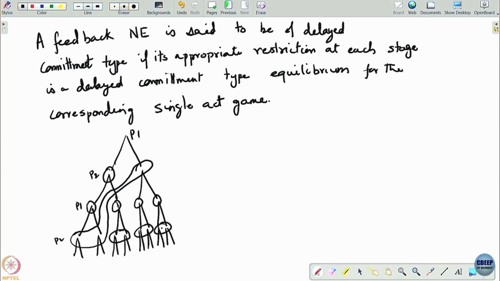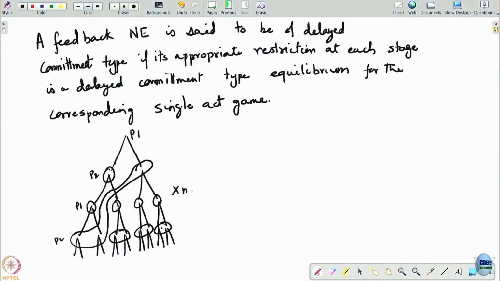So is this in feedback form? This is not. You can see actually you cannot divide this into stages where each player is playing once, and yet have information sets not going across stages. That's not possible. So this is not in feedback form. It's not even stage wise form.